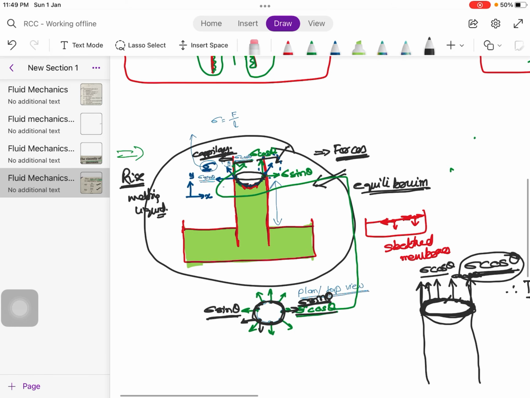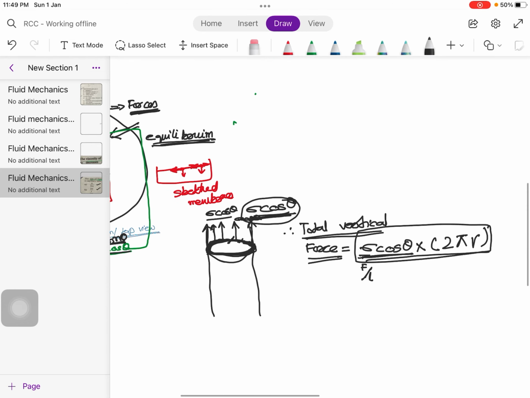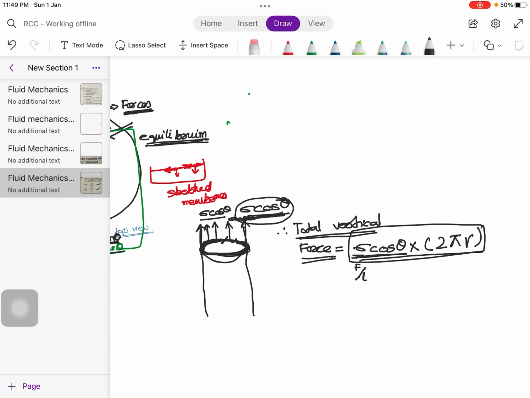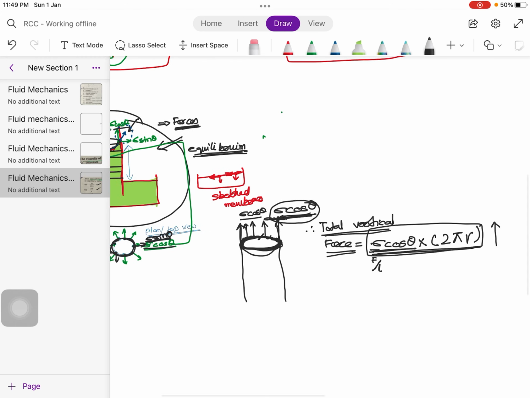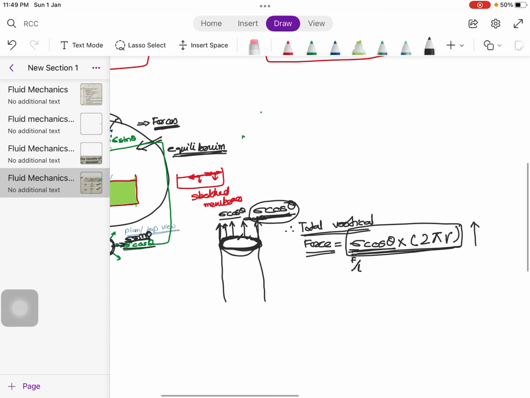Now, since this liquid which has risen in the capillary tube is in equilibrium, it's neither moving upwards nor moving downwards. That means if there is a total vertical force acting upwards, there must be an equal vertical force acting downwards.